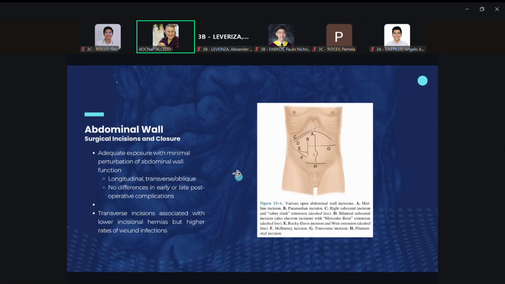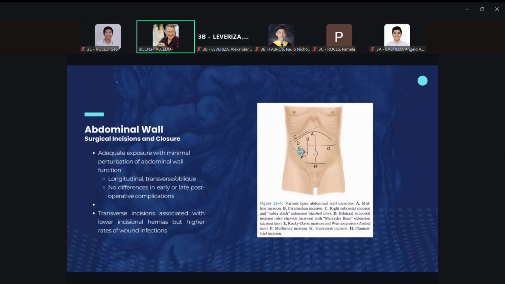And the different surgical incisions that we utilize: the midline incision, midline longitudinal, paramedian, the chevron, subcostal, transverse incisions, McBurney's incision, Fanning steel.